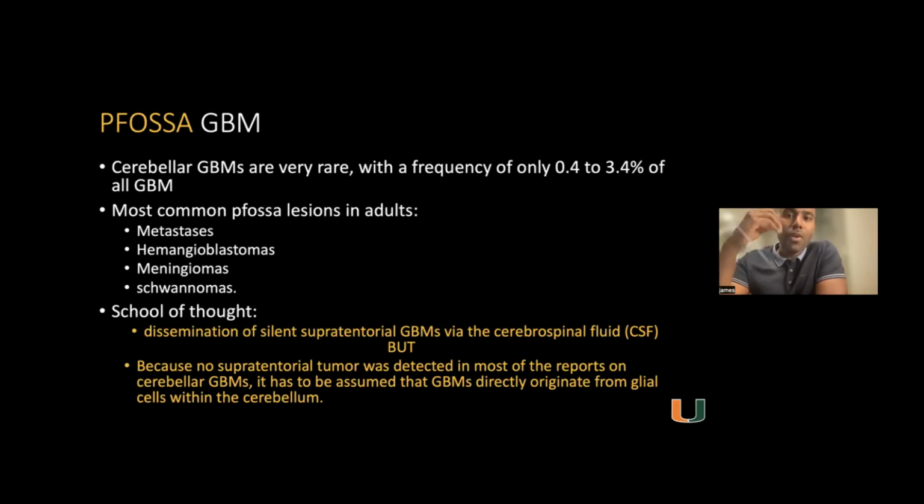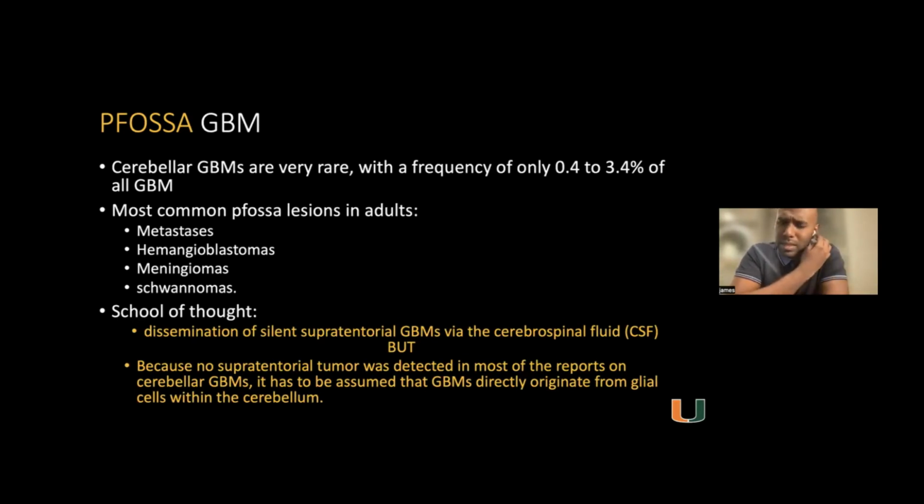Of all GBMs, which are obviously not super frequent tumors at large, but for us they are, they're only about 0.4 to 3% of all GBMs. And it's unusual to have them, especially in adults, because posterior fossa lesions are just what you mentioned, Turkey: Mets, a couple other things, hemangioblastomas, meningiomas, schwannomas.